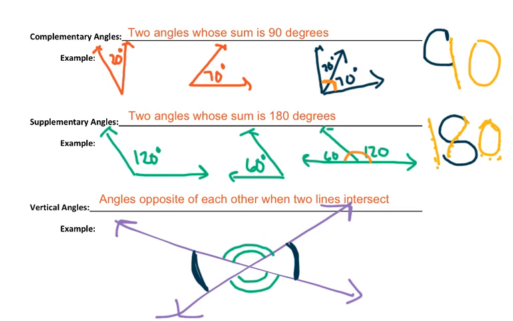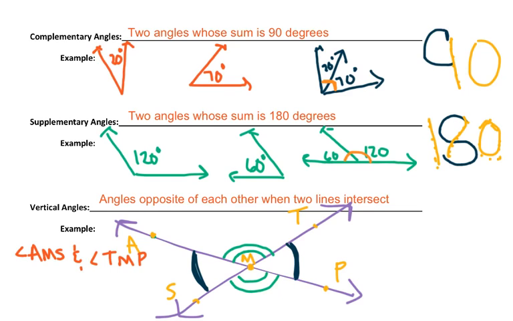Let me put some letters on here, and we're going to name these. So A, M, T, P, and S. So angles AMS and TMP are vertical angles.